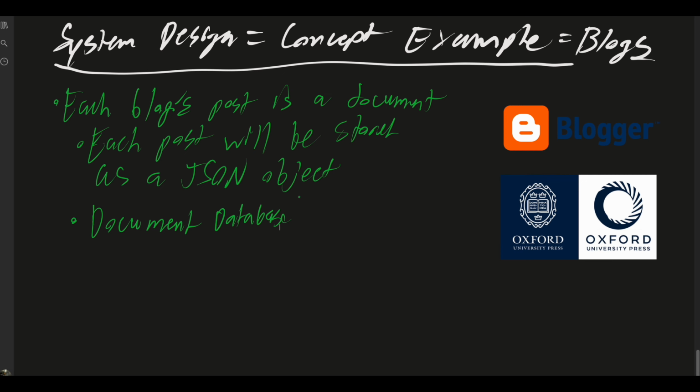When a user opens a blog post, the system retrieves the JSON object. Because of storage locality, the system fetches all the information in one go. Therefore resulting in a swift display on the user's web page.